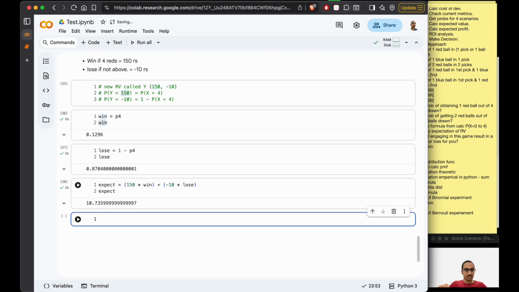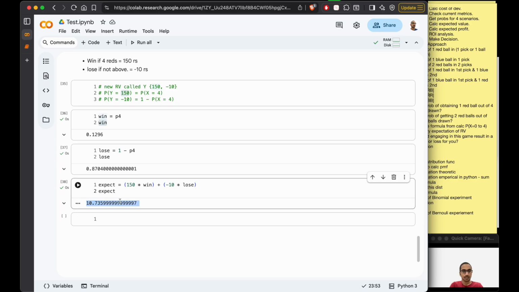If we look at the expected value, it's saying plus 10.735. So what this rupees, by the way, this is rupees. This is the currency. This is the amount we will win on average.